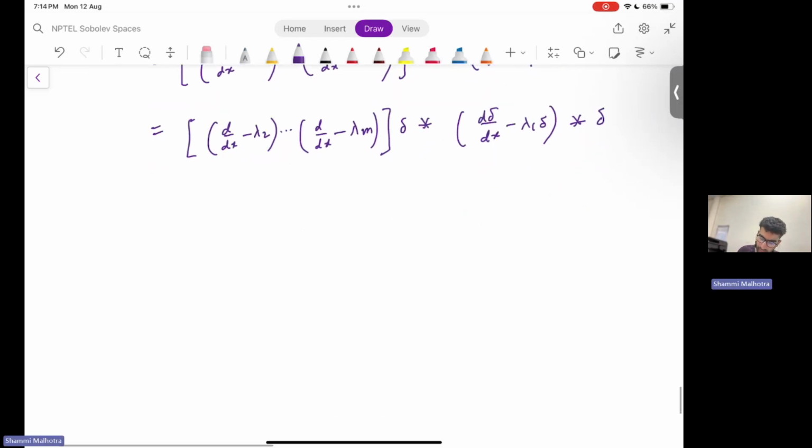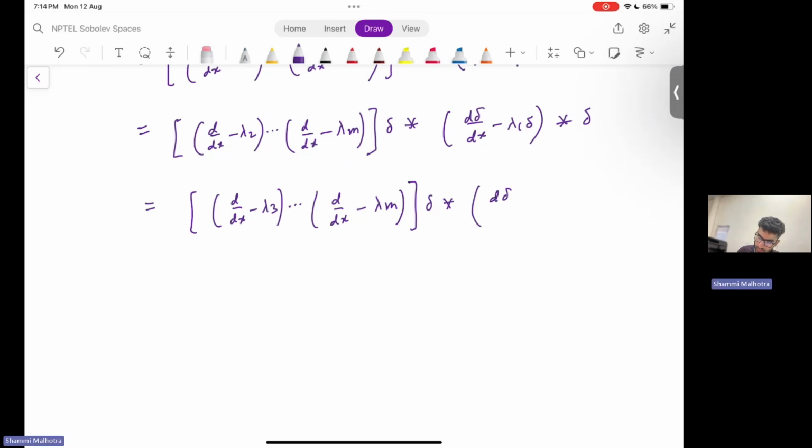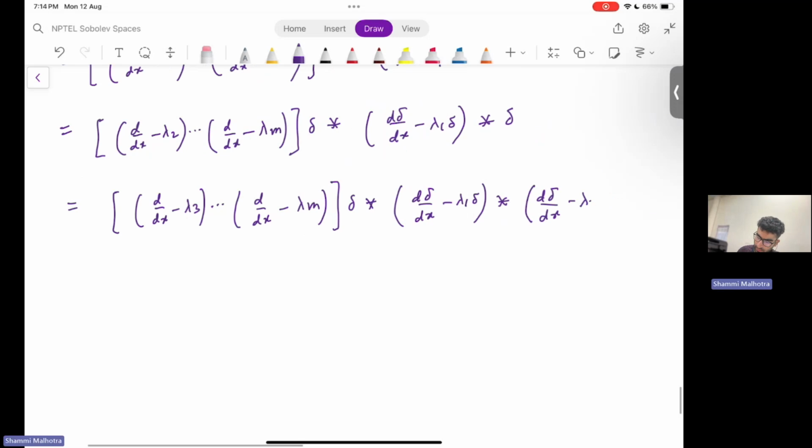And then with the same steps, this is nothing but (d/dx - λ_3) to (d/dx - λ_m) δ convolved with (dδ/dx - λ_1 δ), then convolved with (dδ/dx - λ_2 δ).